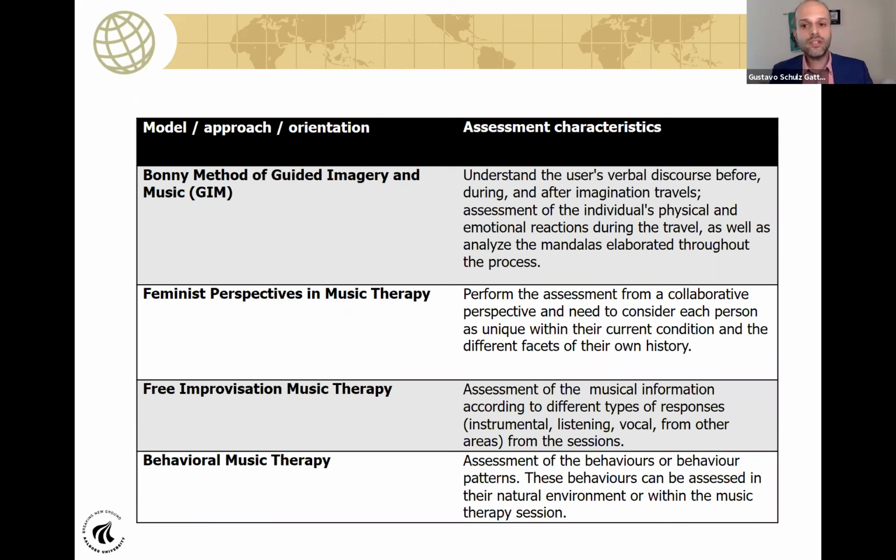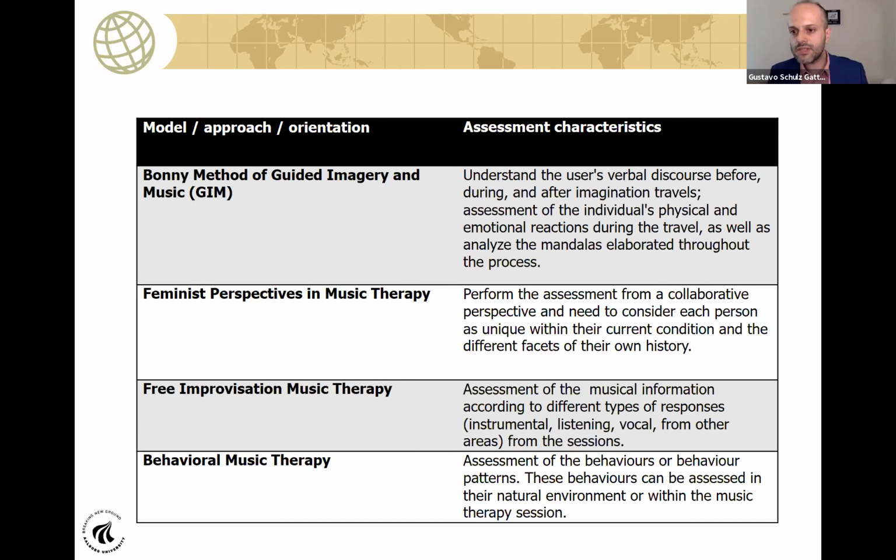In the free improvisation model from Juliette Alvin, the assessment is the musical information according to the different types of responses, instrumental, listening, vocal, from other areas of the sessions. But we have something completely different in behavioral music therapy, where we assess behaviors or behavior patterns.